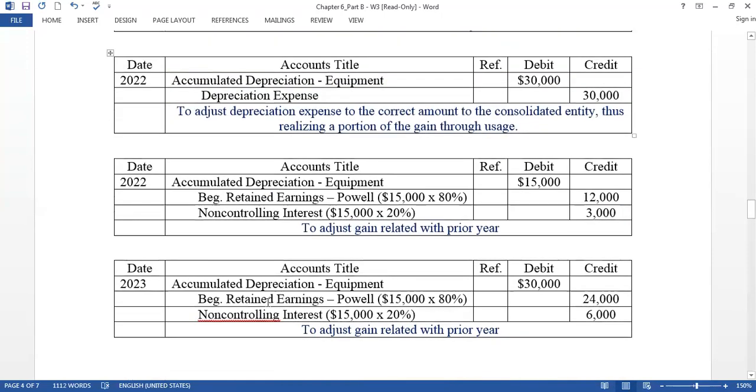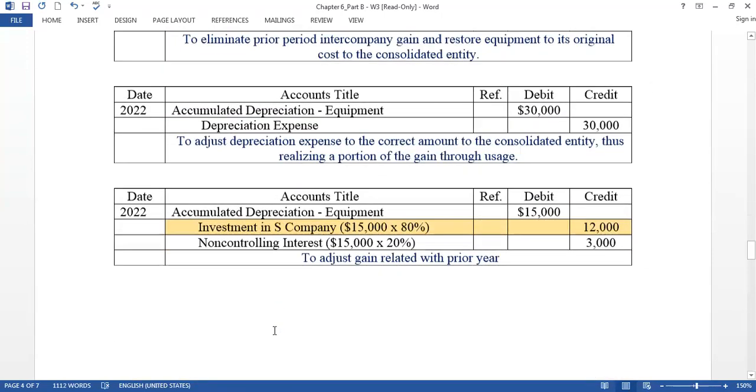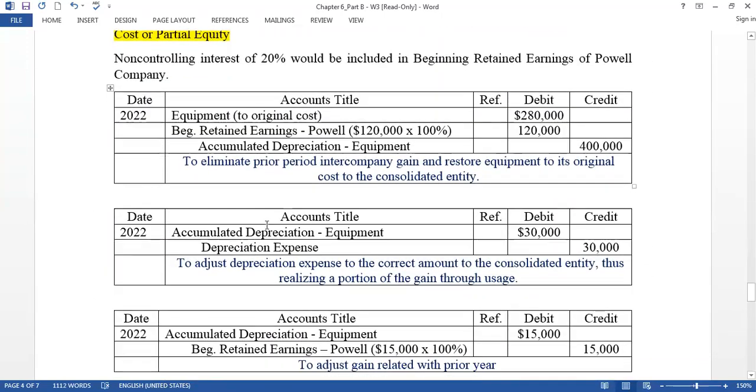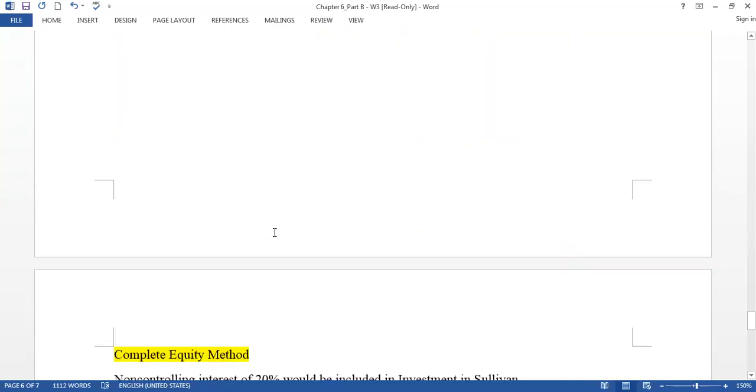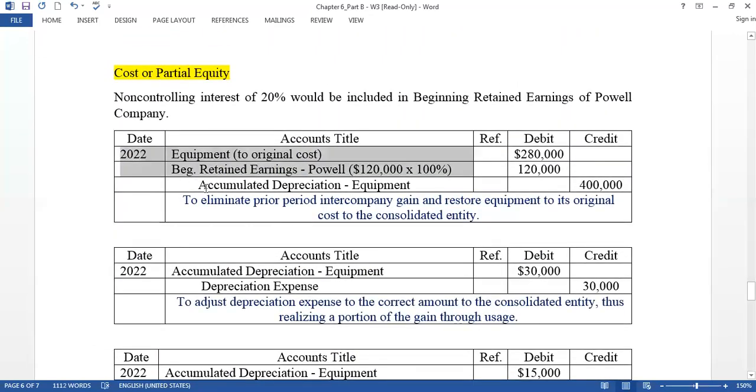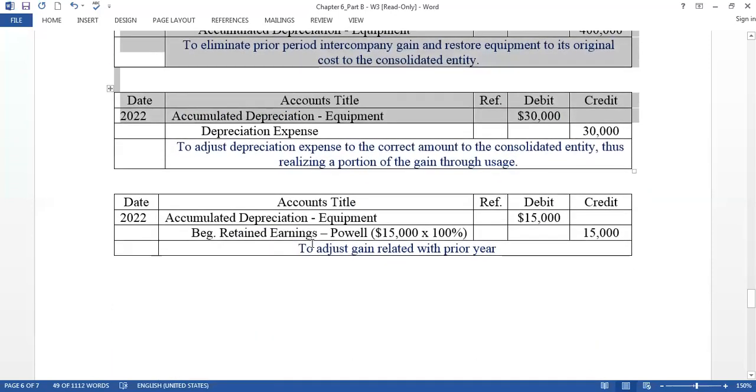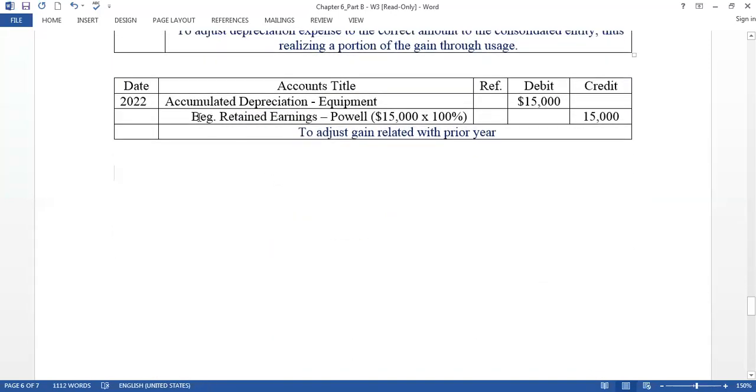Year one, everything similar, but we don't have NCI. We only have the parent, because the parent has no need to share their profit with anyone. The parent will record 100% of their profit or loss. Do you understand? So that's why we don't have any NCI, but everything is similar.